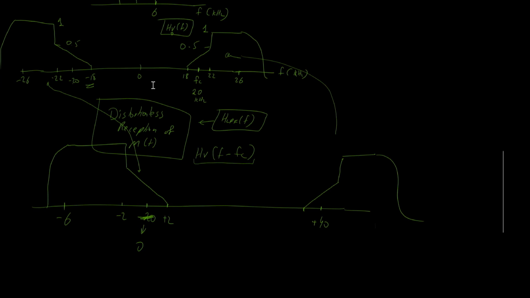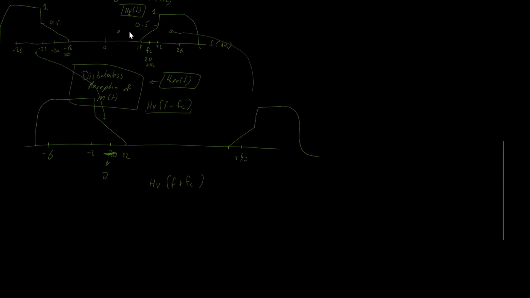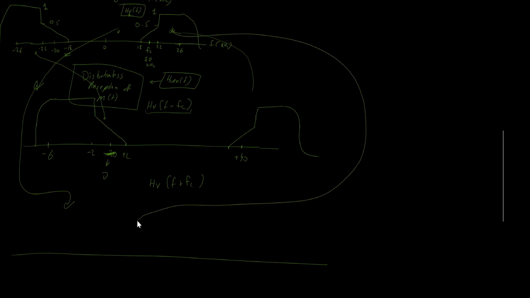So we have this structure, and at the same time our Hv of f plus fc. Now all of this would be moving towards plus fc over here. That means this is now shifted towards the center 0, right? And this would go to minus 2fc.